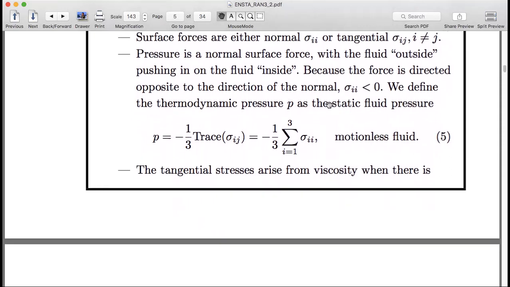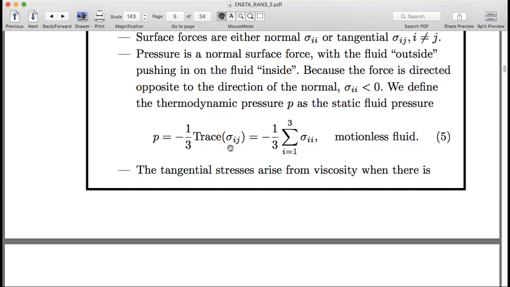The pressure is defined as minus 1/3 of the trace of the stress tensor. Trace is just a linear algebra term meaning the sum of those 3 elements on the diagonal of the matrix.